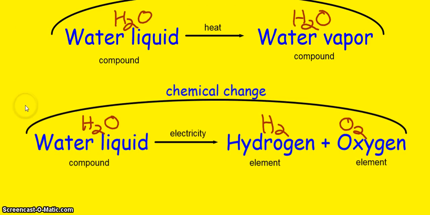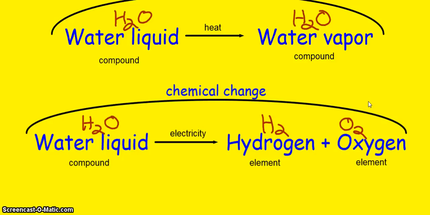If I go through a chemical change, for example, if I use electricity as my form of energy, it can disrupt the bonds holding the hydrogen atoms to the oxygen atom, and in that case, I'm going to get out hydrogen gas and oxygen gas. H2 and O2 as separate molecules are not the same chemically as the water was to begin with. This is a different kind of change.